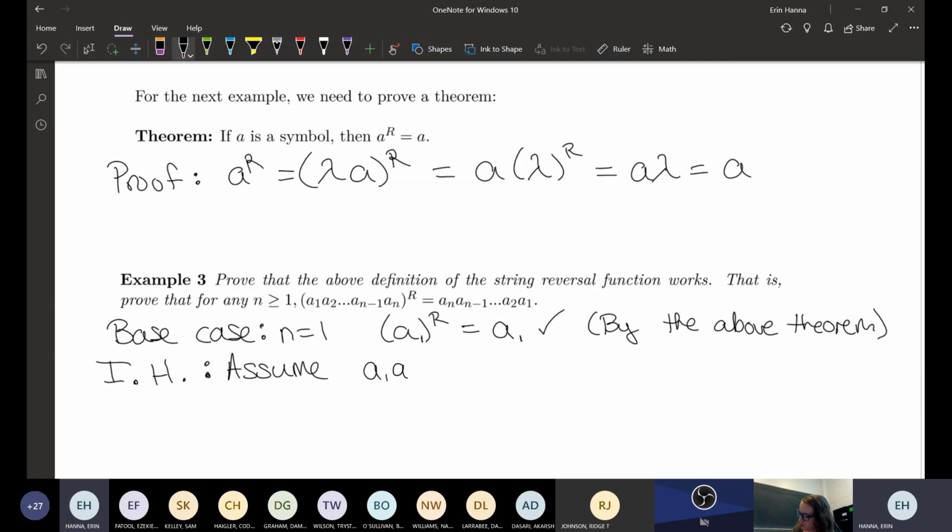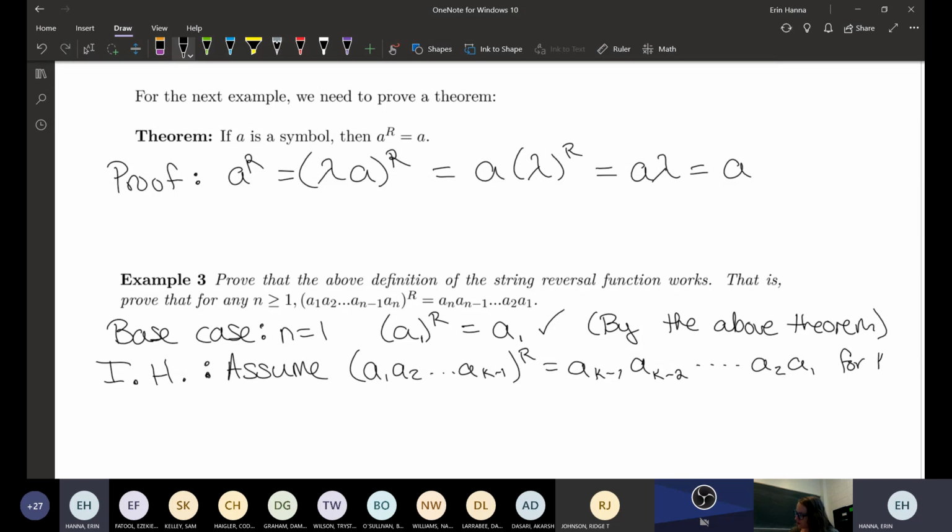That's some a sub 1, a sub 2, all the way up through a sub k minus 1. Its reversal would just be what we expect it to be: a sub k minus 1 concatenated with a sub k minus 2 all the way down to a sub 2, a sub 1. Essentially taking that entire string and writing it backwards.